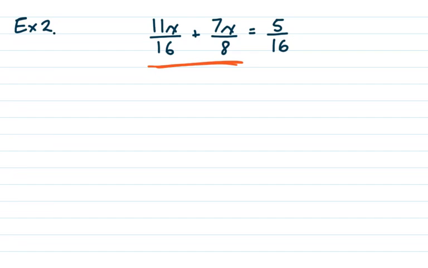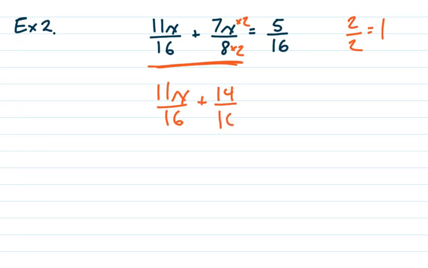So my common denominator can be 16. If I rewrite that, I'll get 11x over 16 plus, now I had to multiply both the top and the bottom of this by a 2. Remember, you're just multiplying by 1 because 2 over 2 is 1. And that's going to be 14 over 16. And that equals 5 over 16.